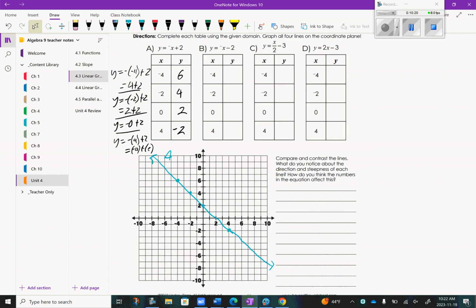Now let's look at B. We get y is equal to negative x minus 2. Again, it's a very small difference between these equations, but it makes a big difference as far as the coordinates are concerned. So, can I just clean this up and use some of this work?